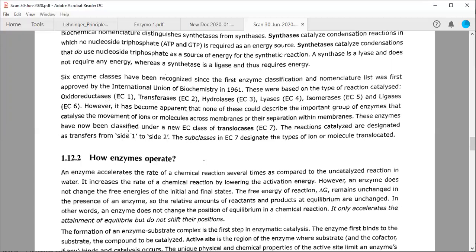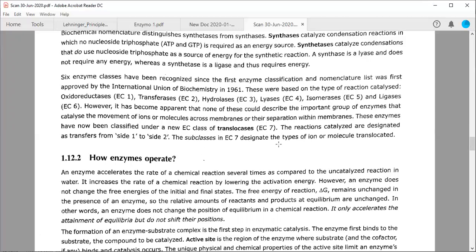Now there are two subclasses, depending on whether the translocase is transferring a molecule or ion from the cytosol to the extracellular phase, or from the extracellular side into the cytosol of the cell. So based on side 1 or side 2 transfers, they can be classified further.